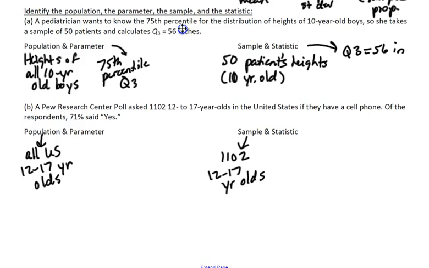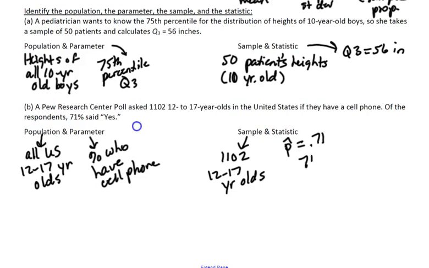The parameter we're trying to estimate is a percent, the percent who have cell phones. The statistic is that p hat, the sample proportion, is 0.71, or 71%.